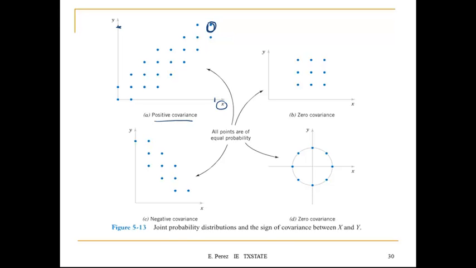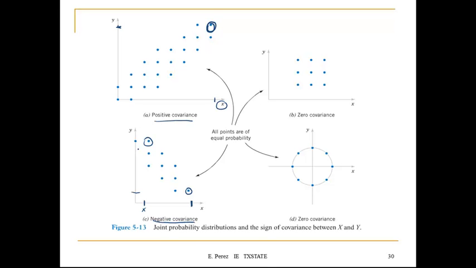On the other hand, when you look at the negative covariance, when you have a large value of x, you have a small value of y. And when you have a small value of x, you have a large value of y. That relationship is what we call negative covariance.